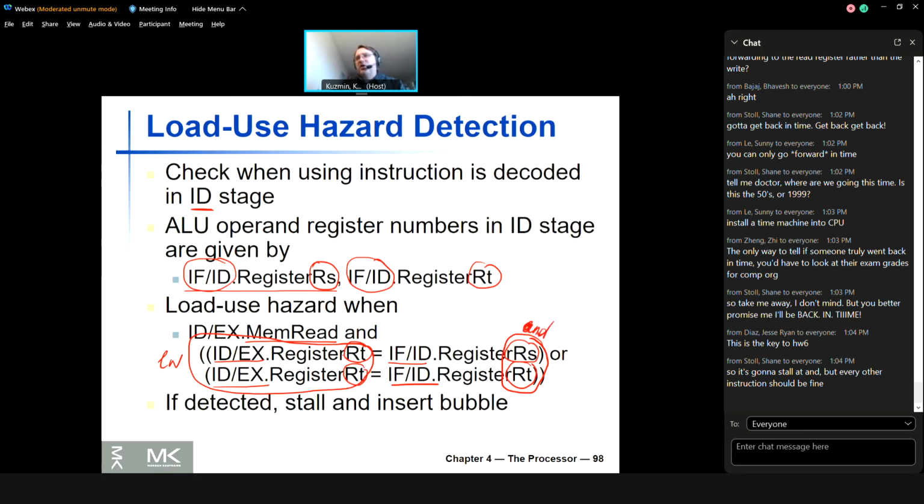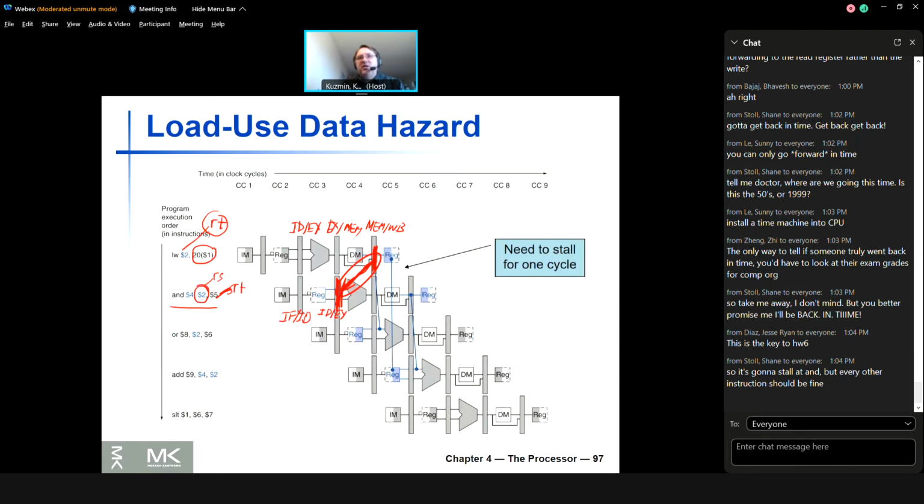There are two cases, because we can have this on the second register or on this register number 5, which is the second argument. If we had 5 here, it would be on RT and RT.